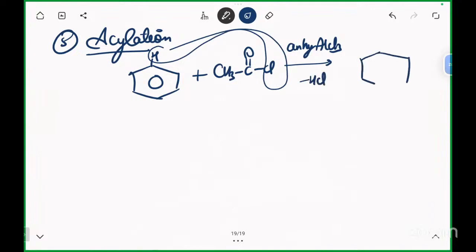The remaining COCH3 will combine at the top of the benzene, called acetophenone. So how can you convert benzene into acetophenone? You can use the acylation reaction. So these are the different topics. You can easily be asked questions from the reaction point of view, and the reaction method as well.